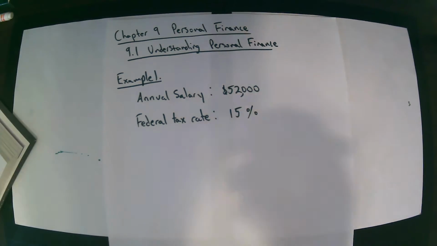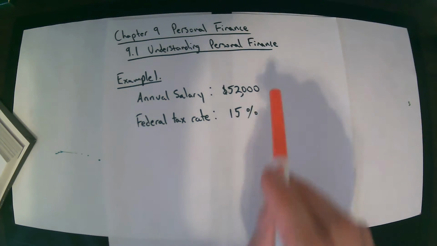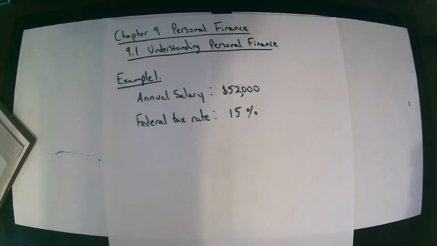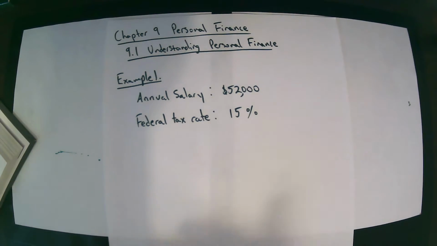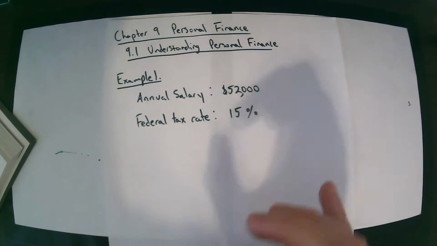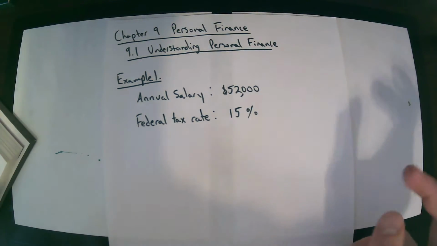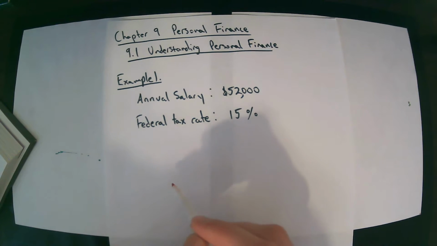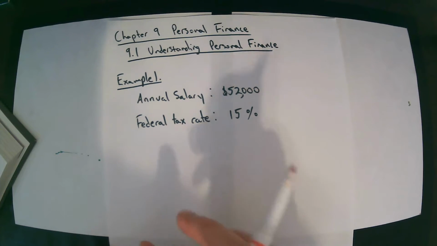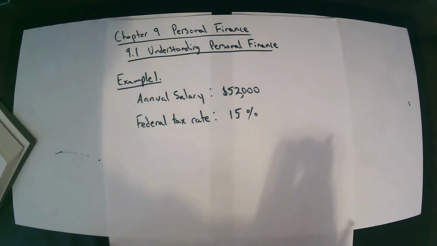Essentially what we're doing here is we're saying 15% of her salary goes to federal tax. How do you find 15% of $52,000? You just multiply, right? Percent of a number means you multiply the percent by the number. But first, you've got to convert the percent to a decimal. So we've done this, right? We've done these percent problems. This could be turned into what is 15% of 52,000, and that's that kind of percent amount base style problem.